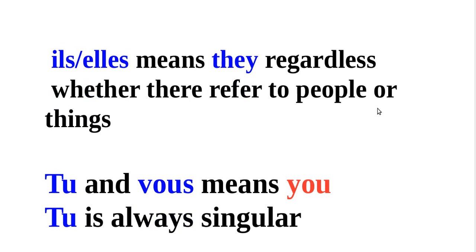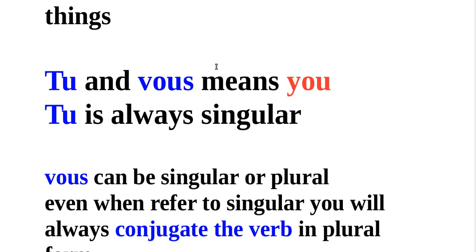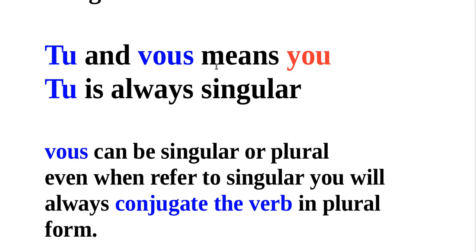The next part that we are going to see is ils or elles in the plural form, which means they in English, regardless of whether they are talking about people or referring to things. The other example that we are going to see here is tu and vous, which means you.